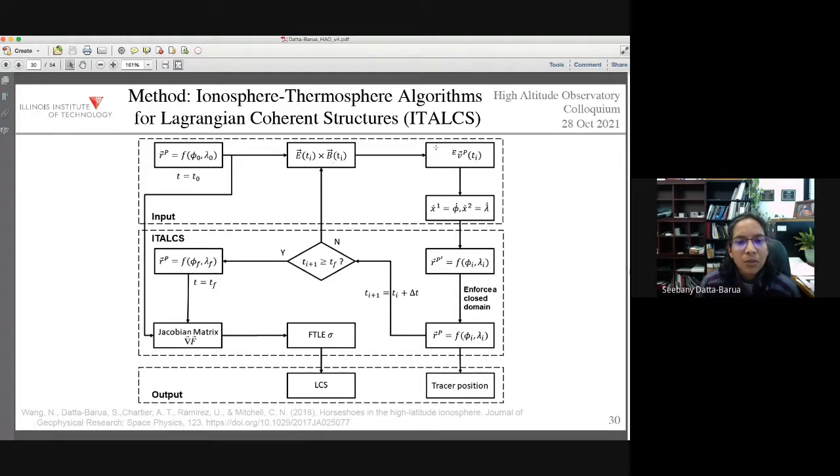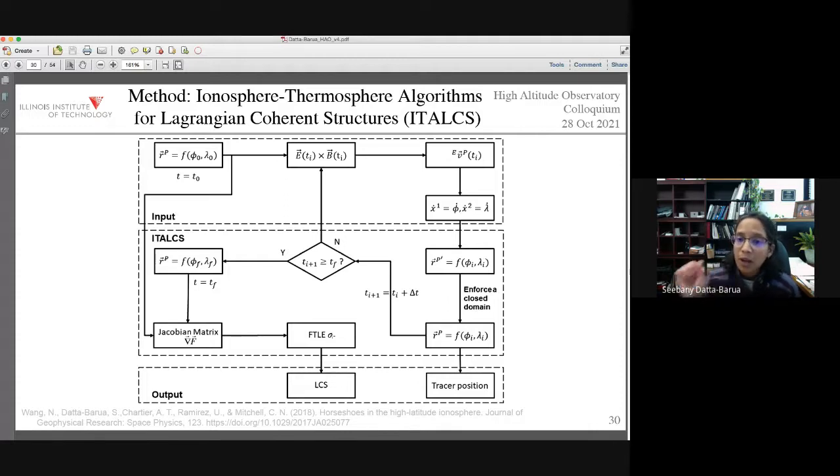You get those velocities specified, you convert them to angular rates, and then you can propagate your particles forward in time, make sure they wrap around the Earth if they need to, and keep stepping forward in time. So we trace the particles through until some final time, TF. When we get our final locations, we can compute those separations using the Jacobian matrix, normalize them by the initial separation distances, and compute the FTLE values.